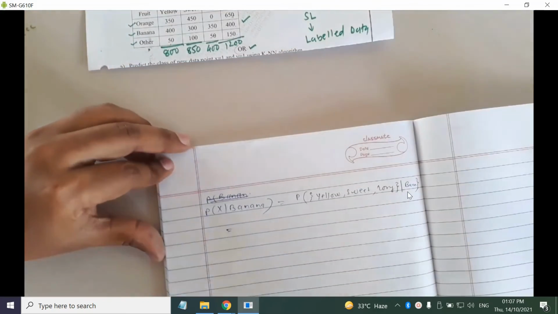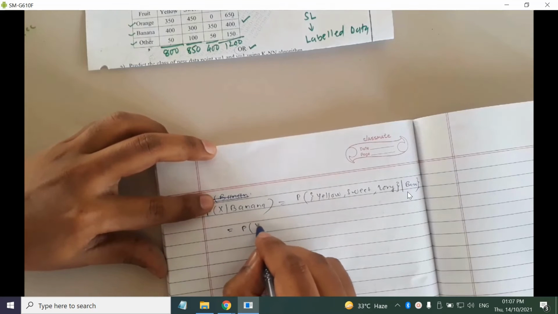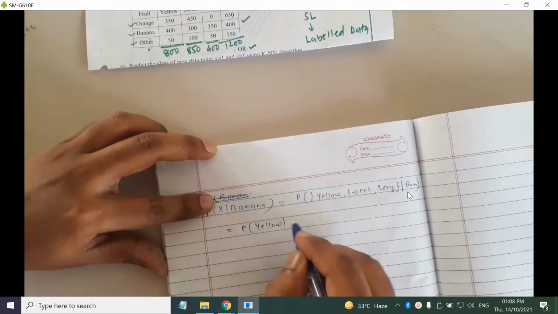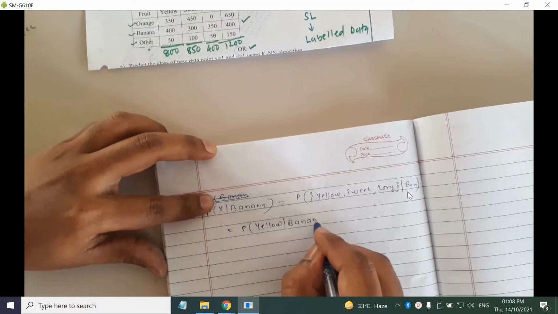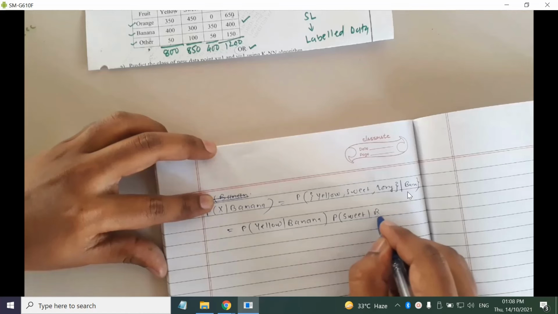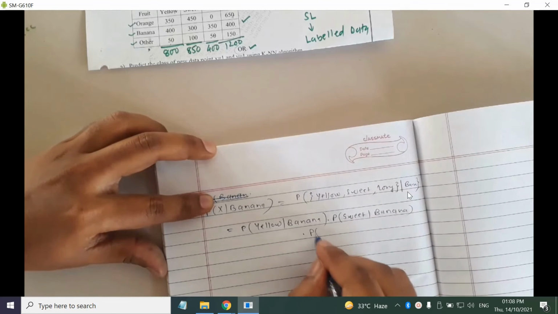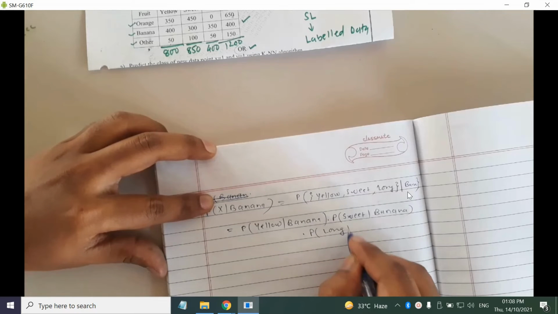They are independent, each attribute is independent, that's why. So probability of yellow given banana, probability of sweet given banana, into probability of long given banana.